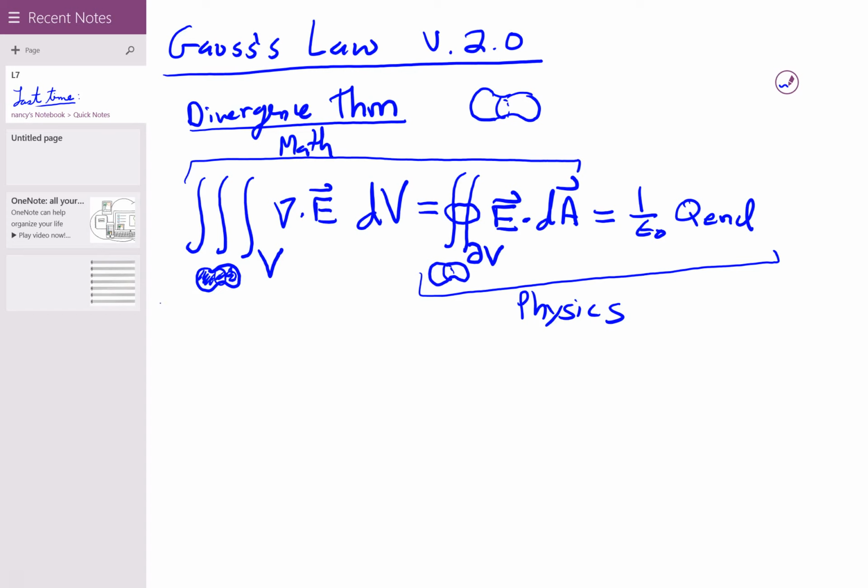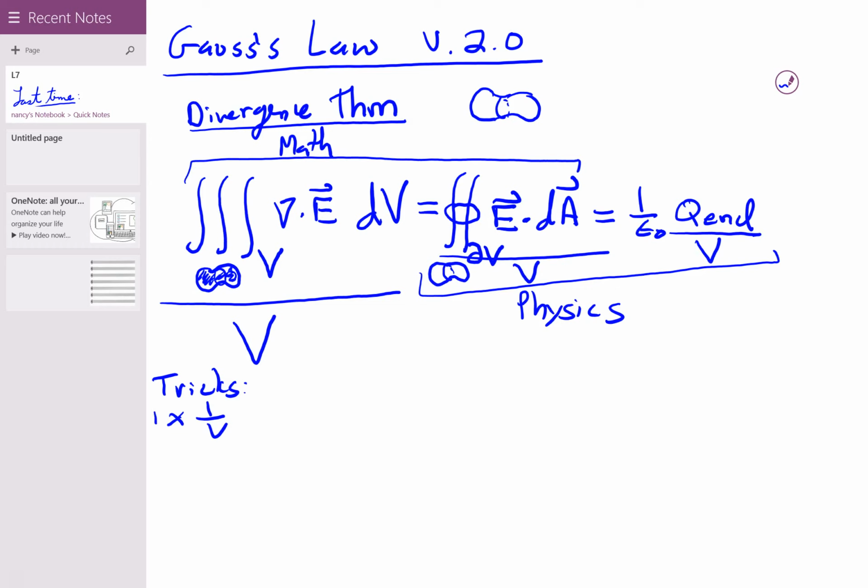I divide this side of the equation by V, this term by V, and this side by V. So on the right-hand side, I now have the enclosed charge in my funny peanut shape, Q enclosed, divided by the actual volume of that peanut shape. That was the first trick: we multiply by 1 over V.